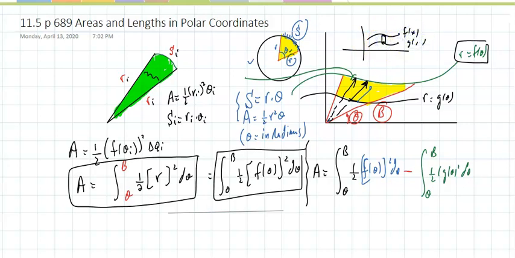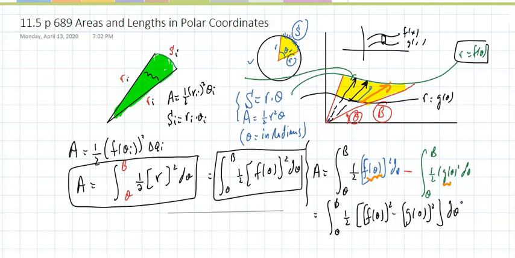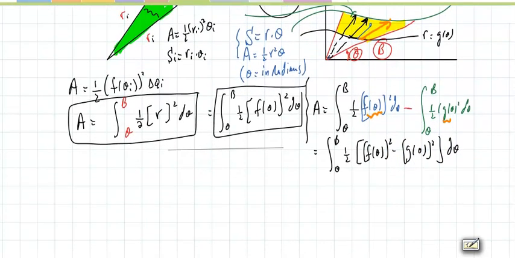The same idea here, except when you draw those arrows, you take the tip of the arrow minus the base of the arrow. And you could combine those into one. And the same warning as in calculus back in the days: from theta to beta, 1/2 is a constant. Make sure that you take f of theta and square it minus g of theta and square it, not the quantity f of theta minus g of theta, the whole thing squared. That doesn't work. Just like you did back in the days when we did the washer method, if you recall.